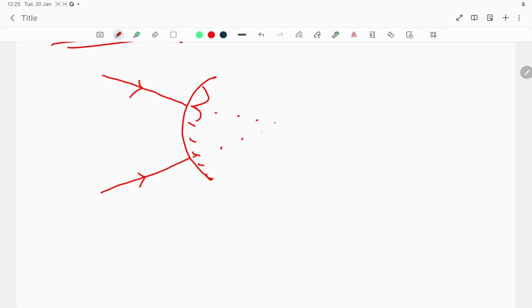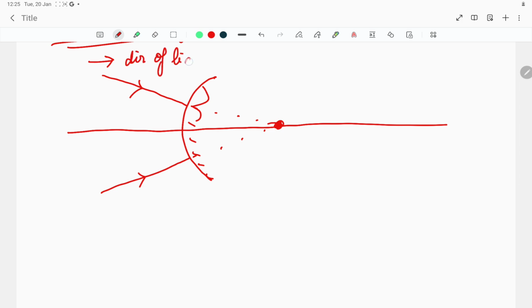The direction of light is this side. Now since these two lines appear to meet here, this is your virtual object.